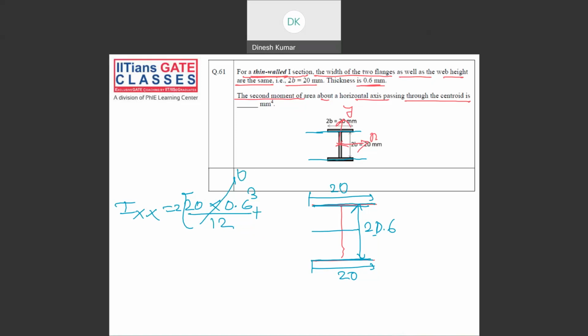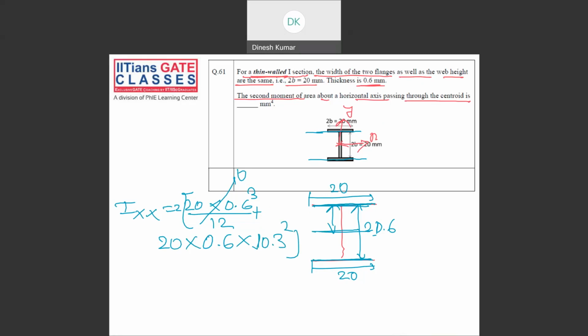Then from the parallel axis theorem, the area is 20 into 0.6, plus the area 20 into 0.6 times the distance from the centroidal axis, 10.3 square. This is the inertia for this member and this member.